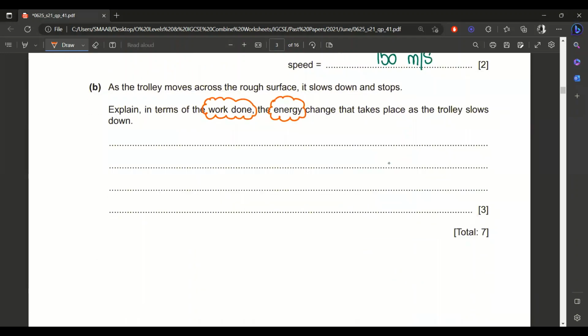Okay, so if we start with the reference, work is done. So basically work is done against the friction, when the trolley starts moving on the rough surface.